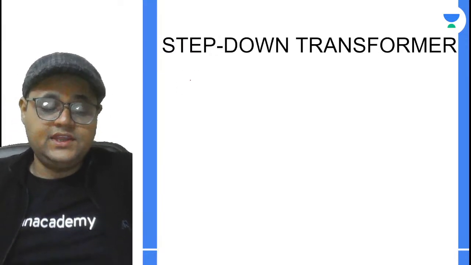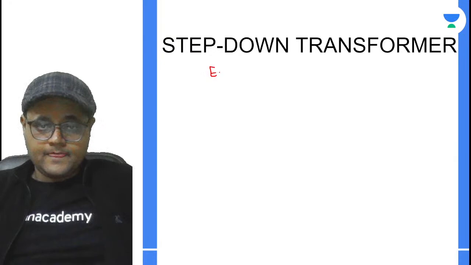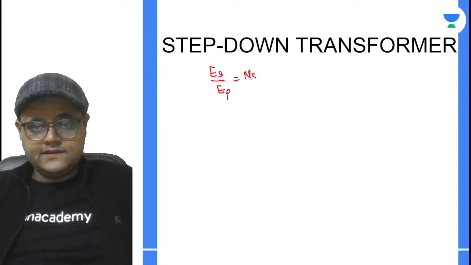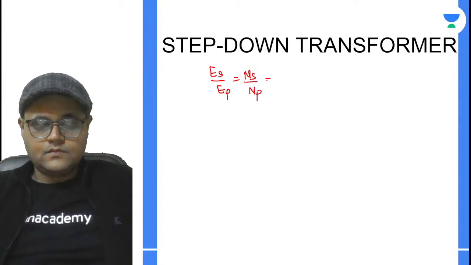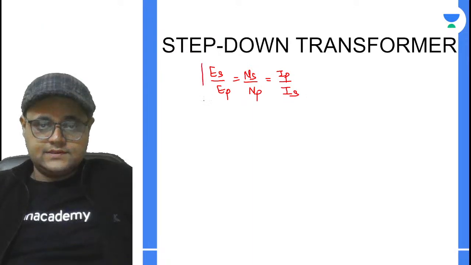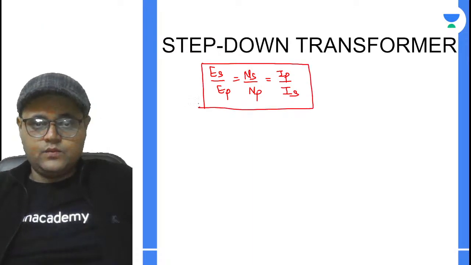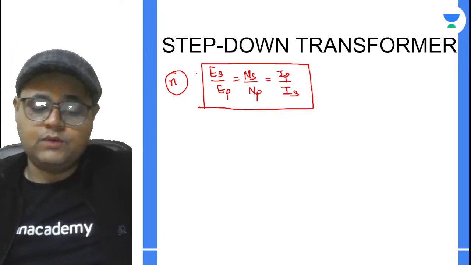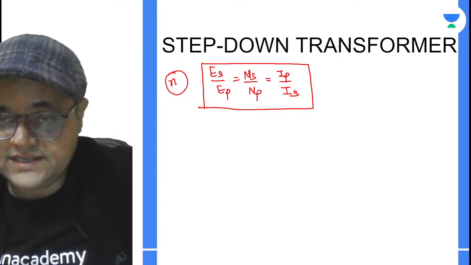I have to again write the equation which says ES upon EP is equal to NS upon NP is equal to IP upon IS. This is the equation. We call it the transformation ratio, and we are talking about step down. Fine, step down.